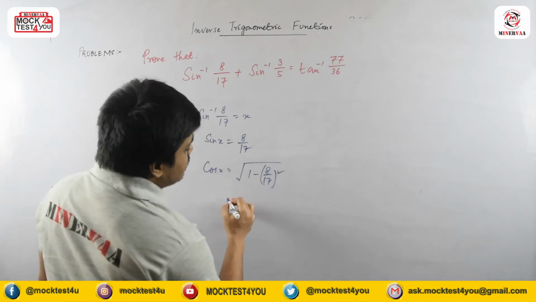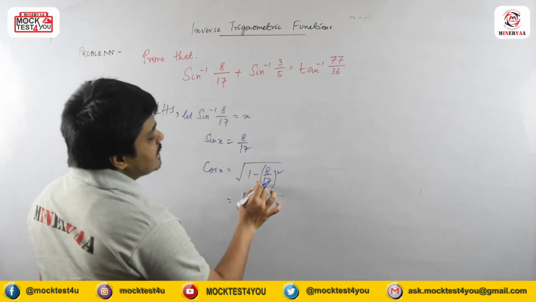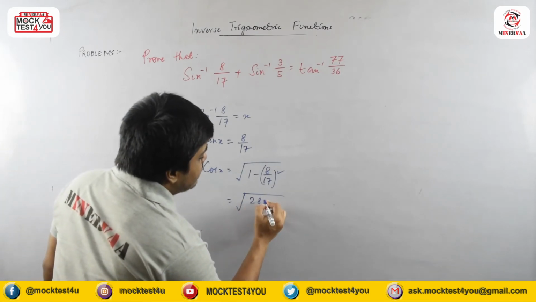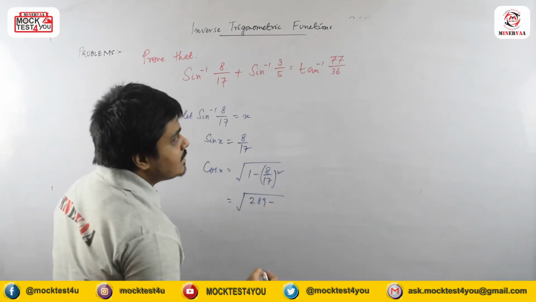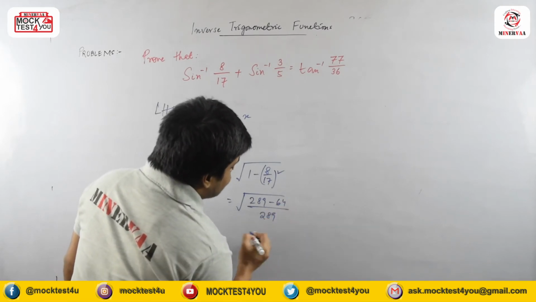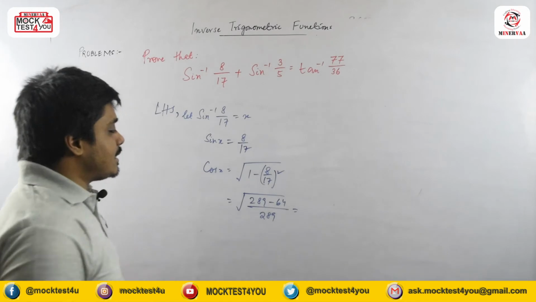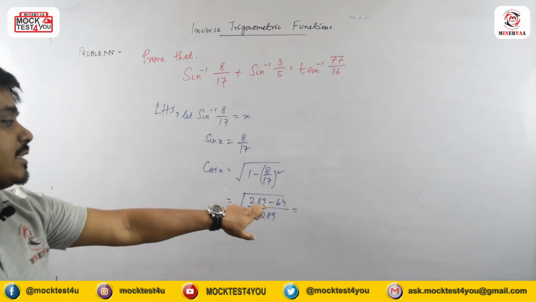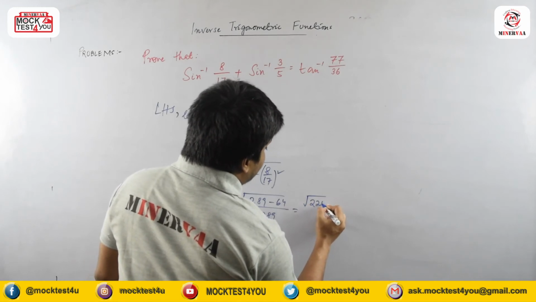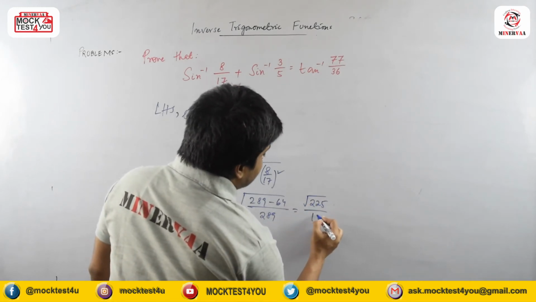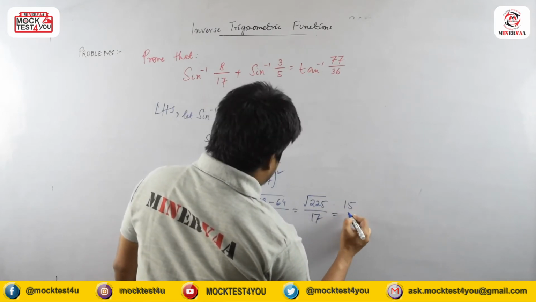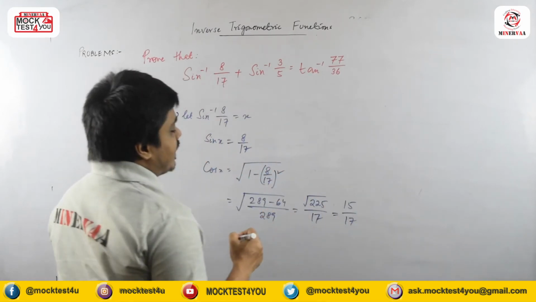So we have root over of 17 square, which is 289, minus 8 square, which is 64, divided by 289. So cos x comes out to be 225 divided by 17, and the square root of 225 we know is 15. So 15 by 17 is cos x.